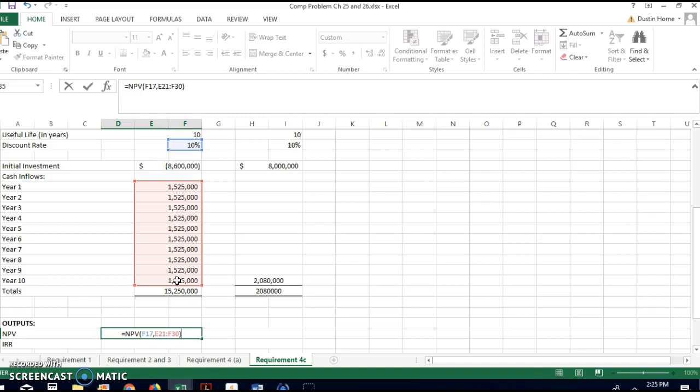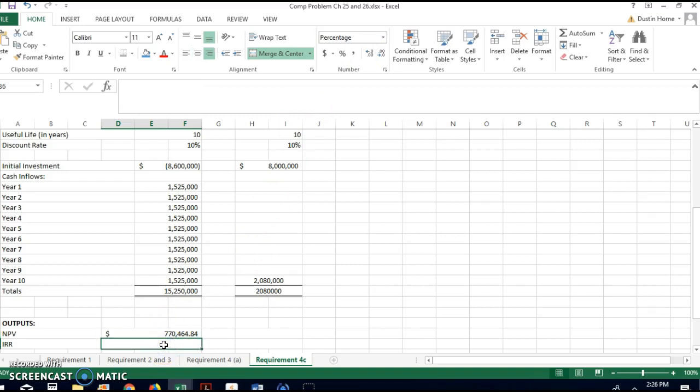So I press plus and then the outflow. Then press enter and you will see that the net present value is 770,465. If yours shows a long decimal, move the decimal until you get cents, so you have 84 cents, rounded right.